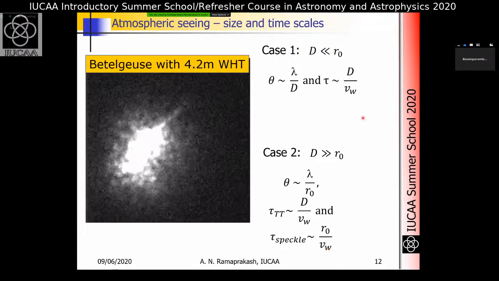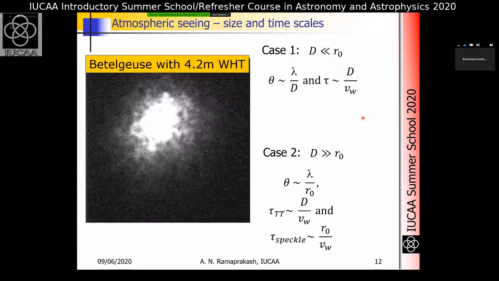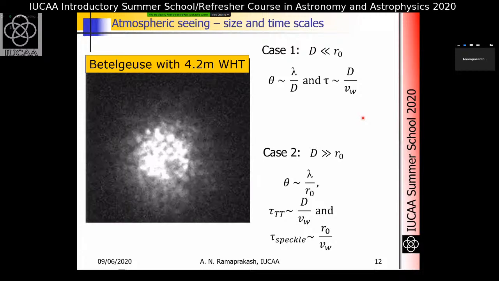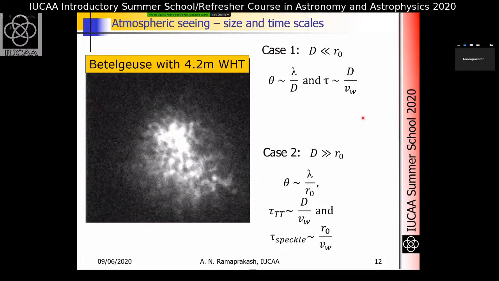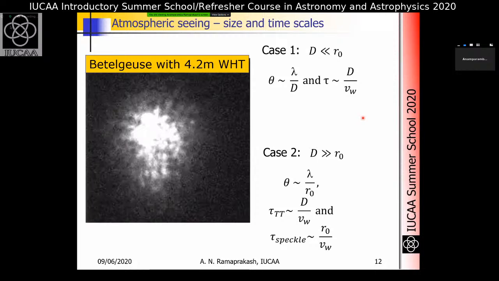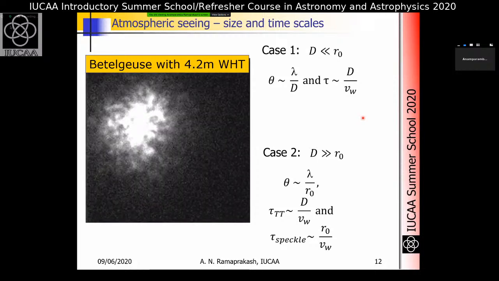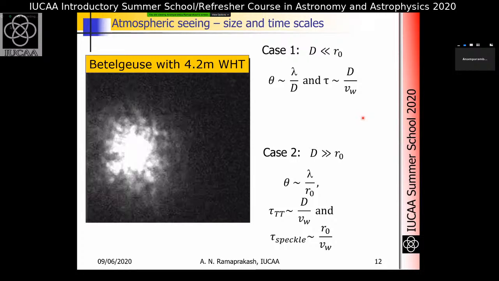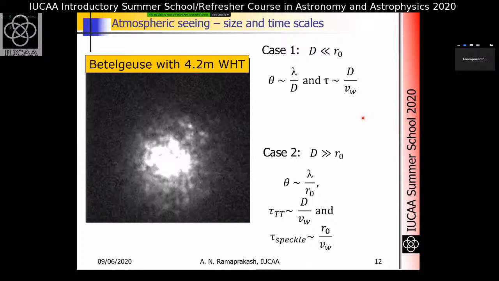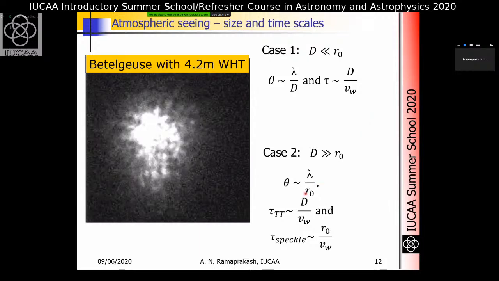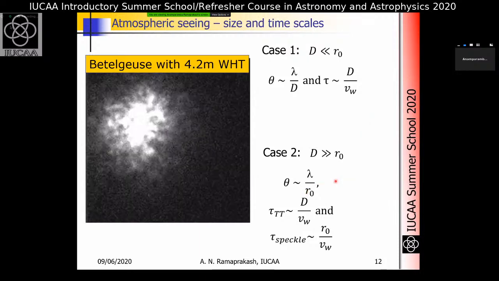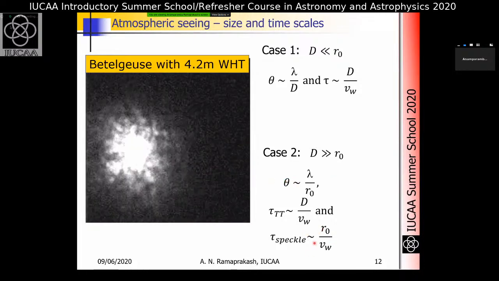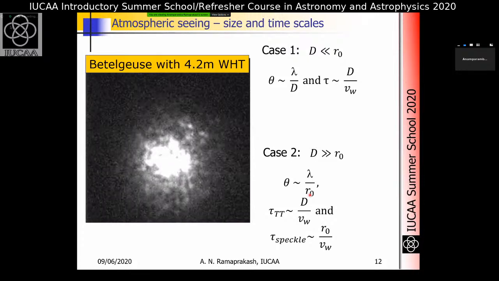So what I'm trying to emphasize here is, it's no more the diameter of the telescope which defines how fine the features you can see are and how quickly those features change as a function of time. It is the atmosphere which defines that. The smallest coherent structure in the atmosphere, denoted by R0, is what defines how fine the features you can see are and how quickly those features change from time to time.